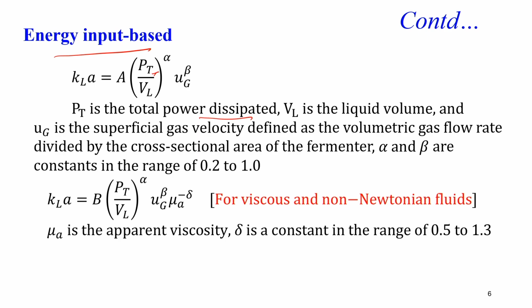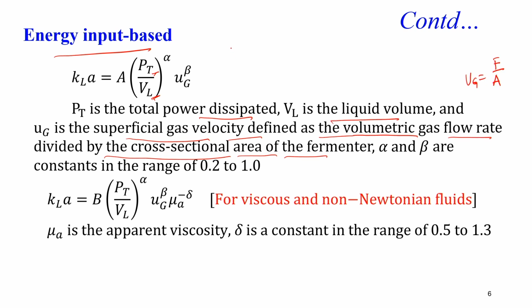And once you are mixing, U_G is defined as superficial gas velocity, which is defined as volumetric gas flow rate divided by cross sectional area. So velocity U_G is defined as F upon A. V_L is the total liquid volume.